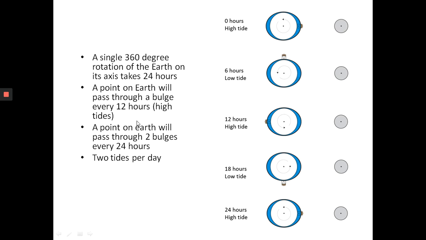These are high tides. And so a point on Earth will pass through 2 bulges every 24 hours. So it means you get 2 tides per day in the equilibrium model. And this occurs every day and should be predictable.